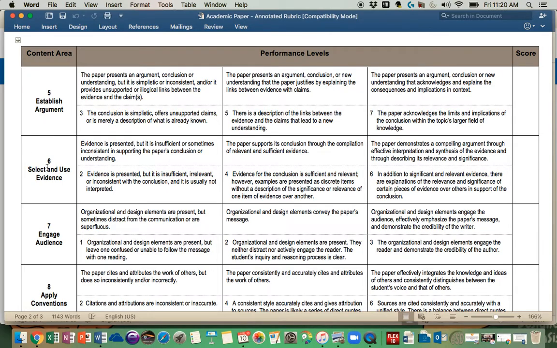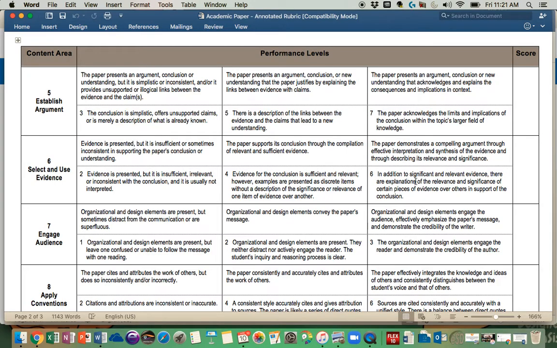All right, for row 6, selecting and using evidence, we're going to come over to the high column. The paper demonstrates a compelling argument through effective interpretation and synthesis of that evidence. That's just what I was talking about here. If you're going to establish a solid argument, and you're going to support your hypothesis or reject your hypothesis, it has to be based on the evidence that you collected, not what you want to see.